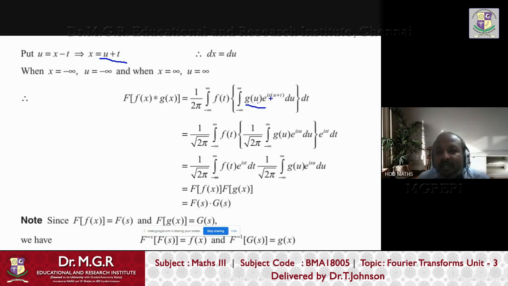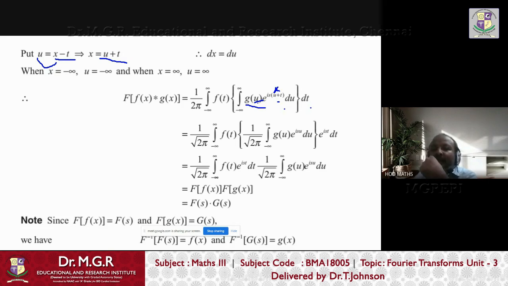So e power ix is replaced by e power i(u plus t), because hereafter there is no x. Wherever x is there, you have to substitute. So here x minus t is substituted as u using this relation, and in place of e power ix, you substitute u plus t, right?